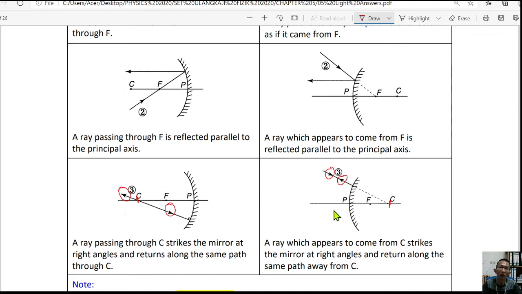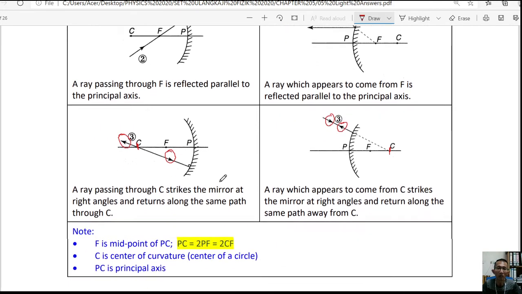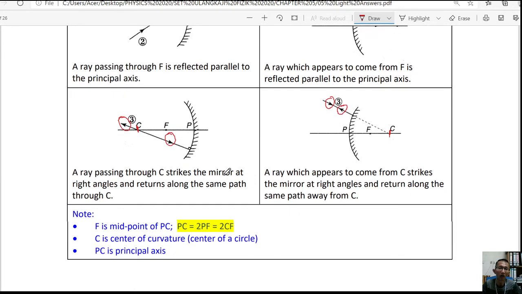So one thing about this curved mirror that you need to know, for both convex and also for a concave mirror, PC equals 2PF or 2CF. In other words, we are saying that this F is the midpoint. So this point F is the midpoint between C and P, meaning the distance between FC and FP are the same.